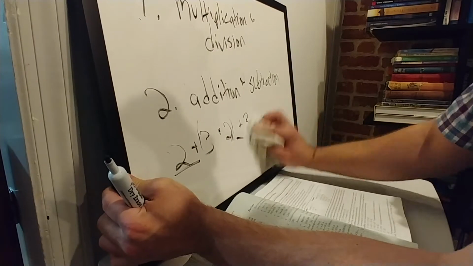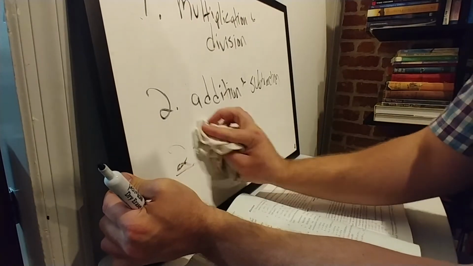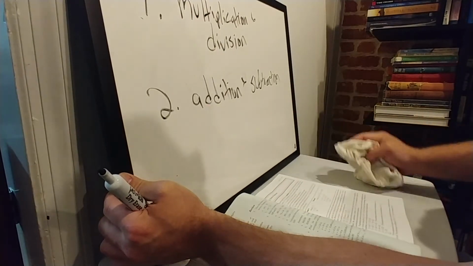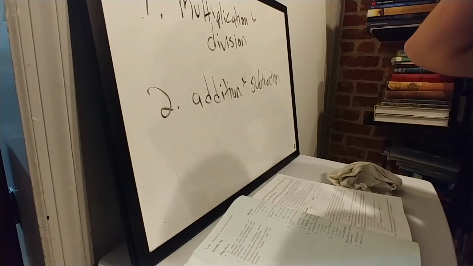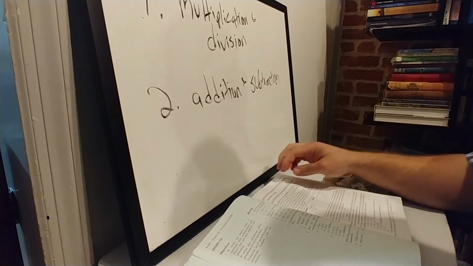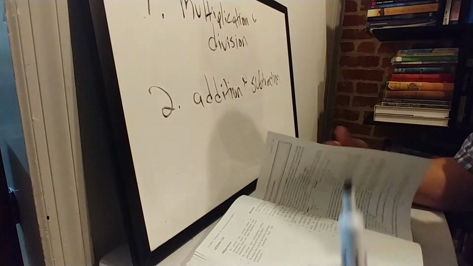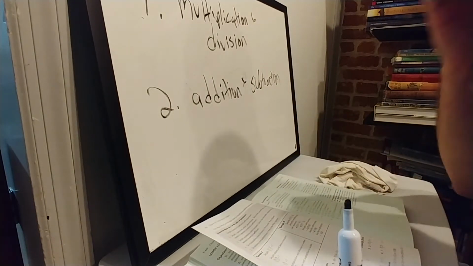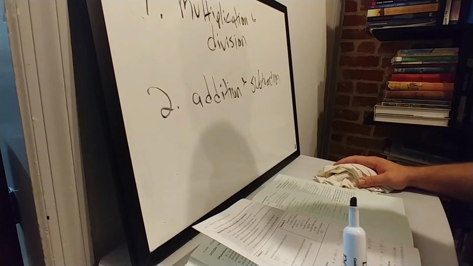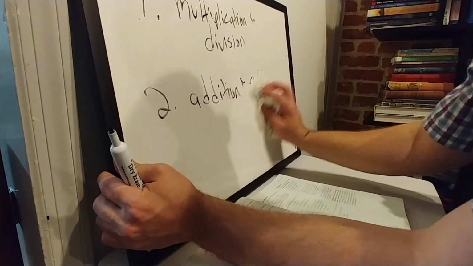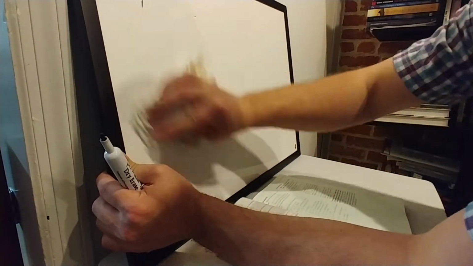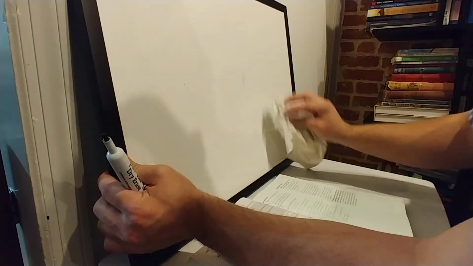Now this sounds really simple, but it's going to catch you by surprise. You're going to do problems that seemed very, very simple, and they're going to be wrong because without thinking, you did them in the order that they were, instead of making sure your multiplication was first and then doing your addition, your division.